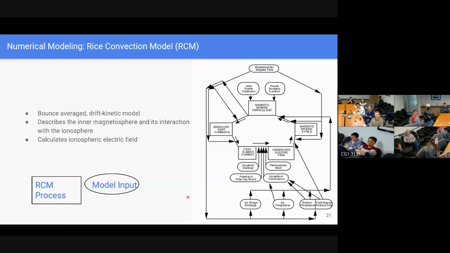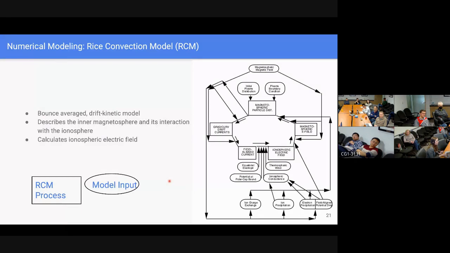What's really important is that since RCM is solving for these electric fields, it is very, very effective at modeling prompt penetration electric fields, since it's modeling the ring current distribution and whether or not it's able to shield the ionosphere. So it gives the ionospheric electric field for our Rayleigh-Taylor instability calculation.